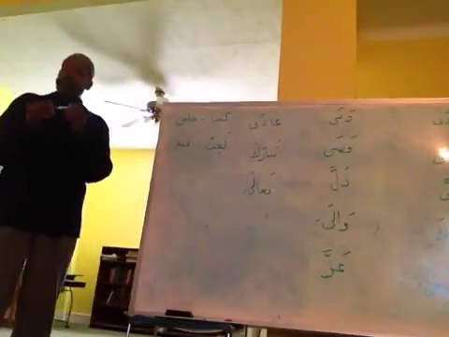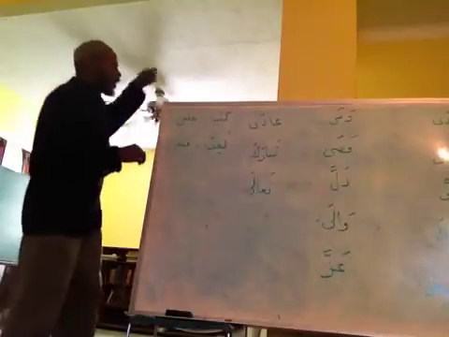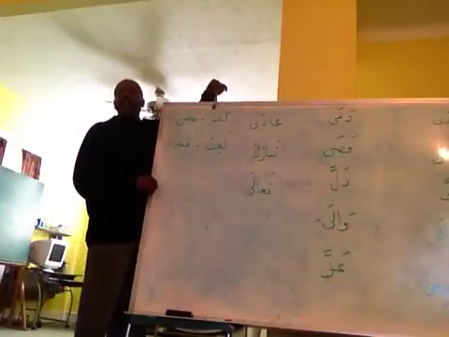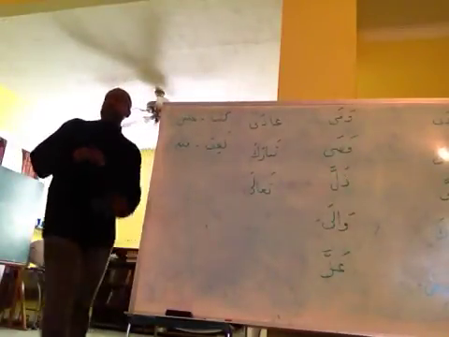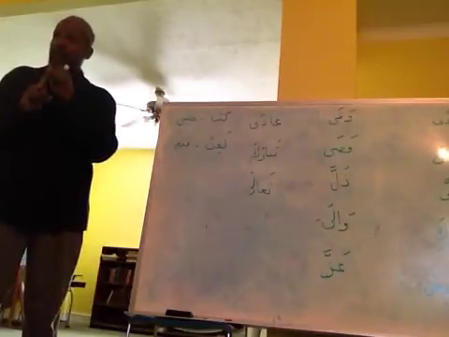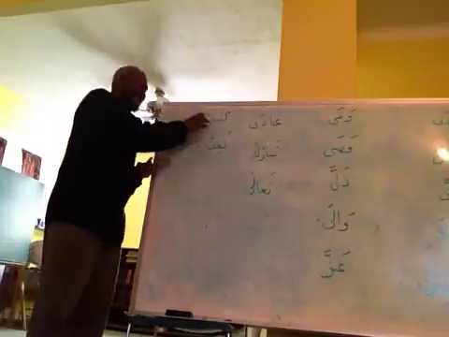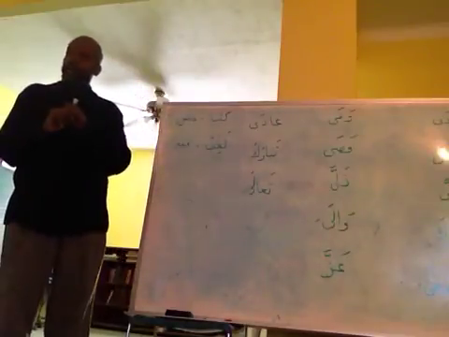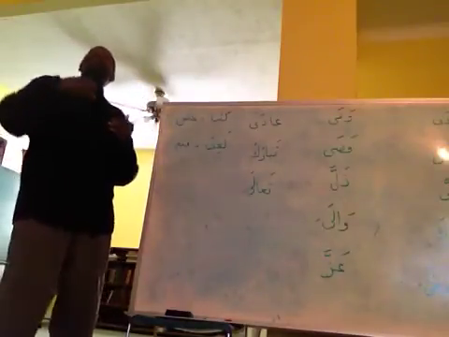What do we mean by regular verb? We're talking about the letters now. The letters don't have a hamza in them, nor do they have a weak letter in them, nor are they doubled.